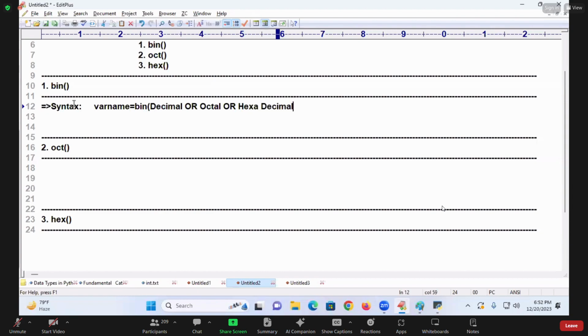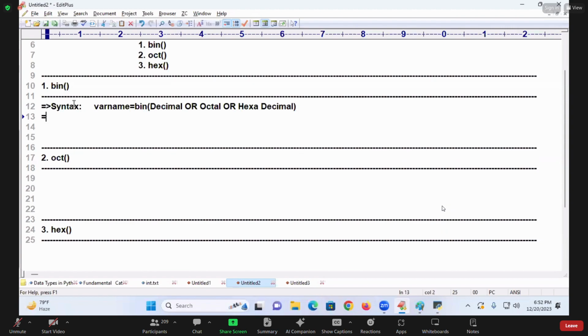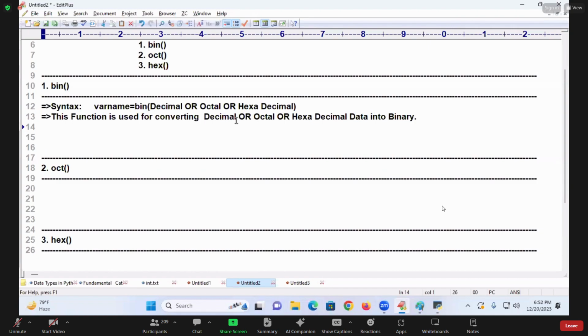This is called the syntax. This function is used for converting decimal data, octal data or hexadecimal data into binary. That's all. For BCom student, for BSc student, for any student, this is common.